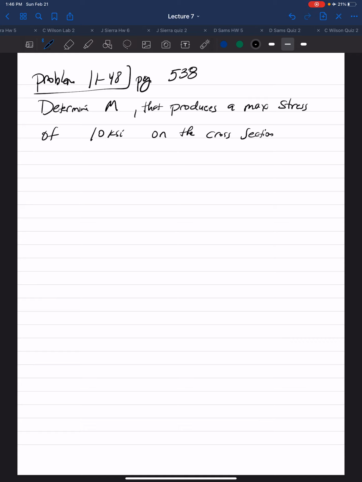So first you need to locate your Y bar, which is the centroid of this composite shape.